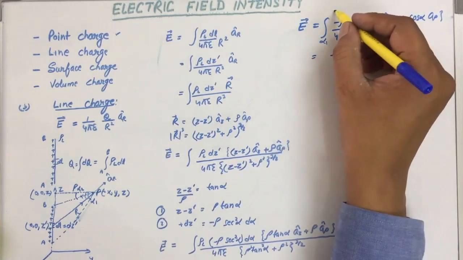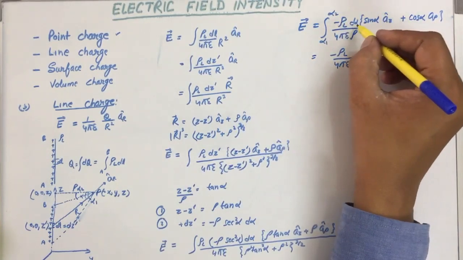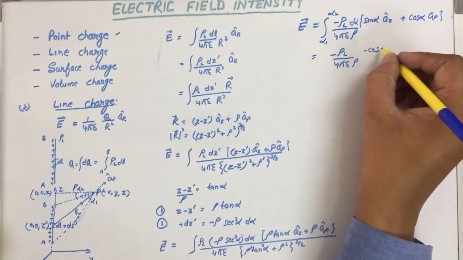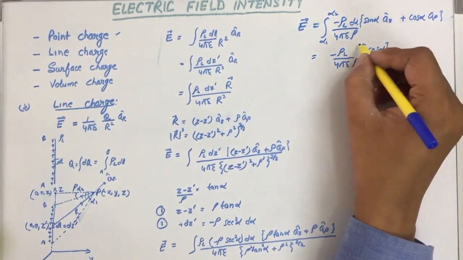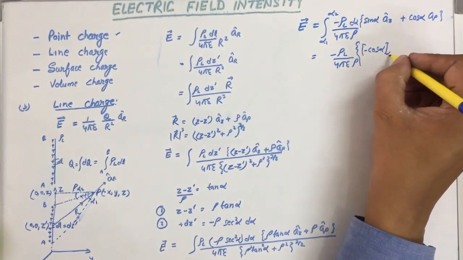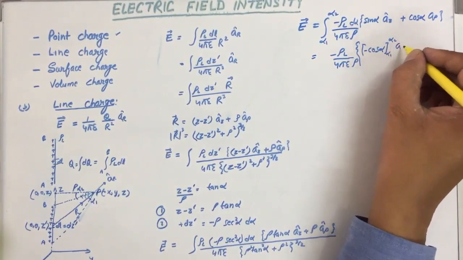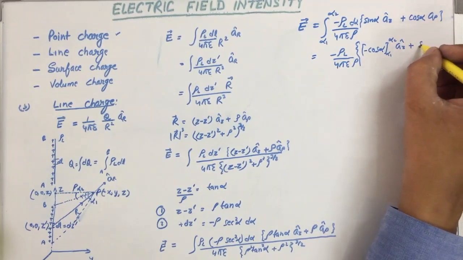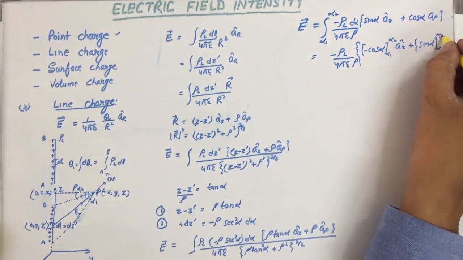Sin alpha integrates to minus cos alpha from alpha 1 to alpha 2 in the direction of Az, plus cos alpha integrates to sin alpha from alpha 1 to alpha 2 in the direction of A rho.